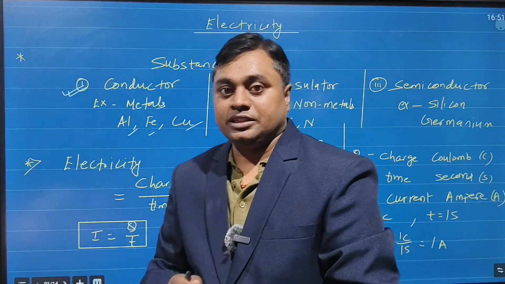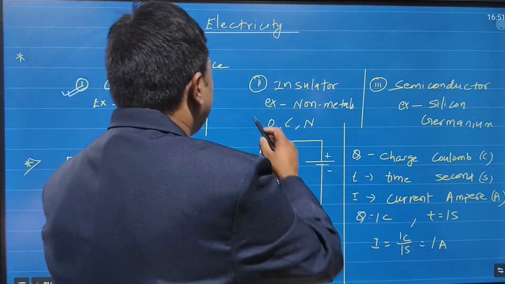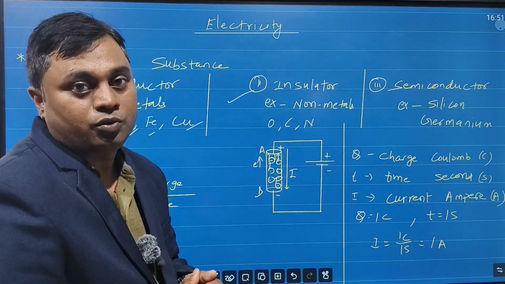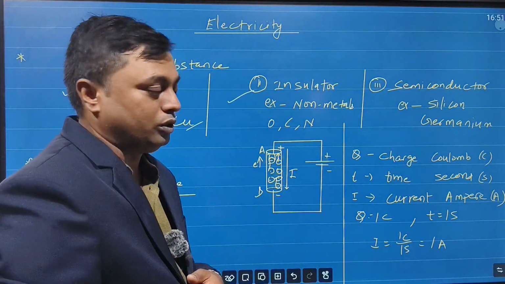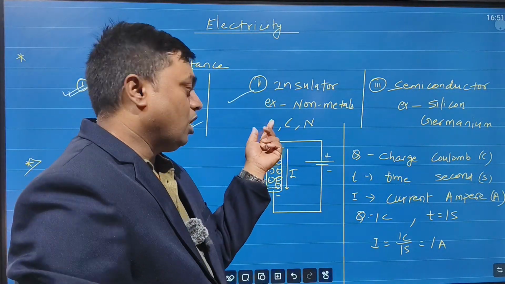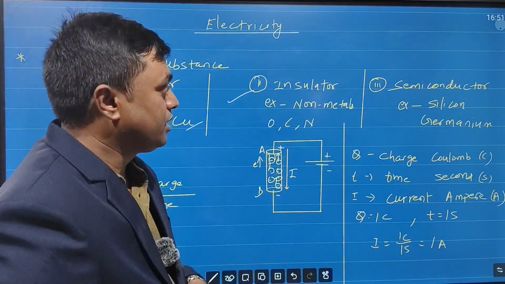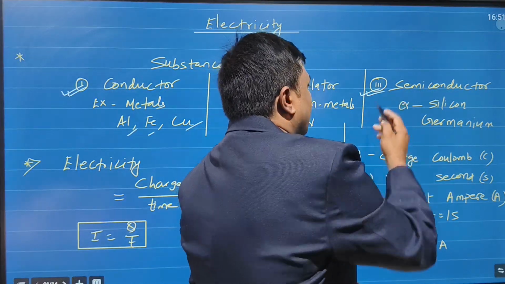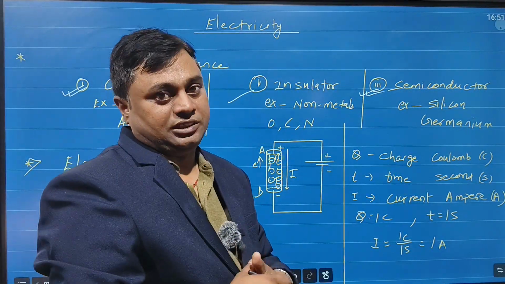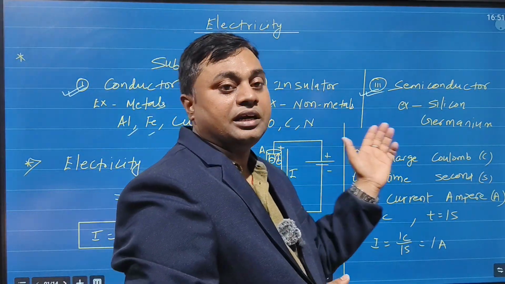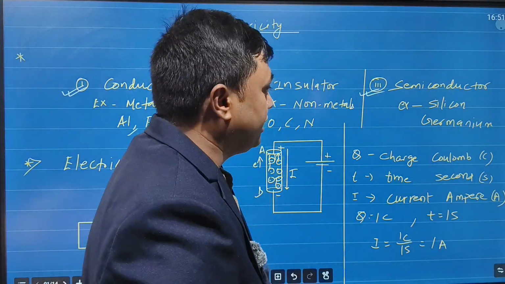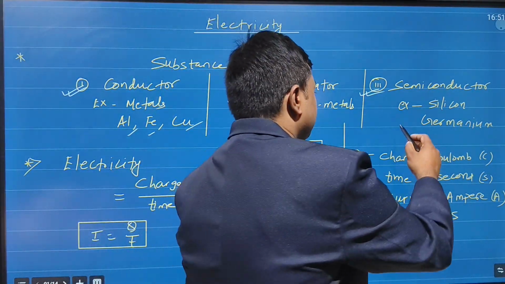Insulator means which does not allow electric current to pass through them, like non-metals: oxygen, carbon, nitrogen, wood, plastics. Semiconductors will allow electric current on certain conditions. Their conductivity lies between conductors and insulators. They are called semiconductors, like silicon and germanium.